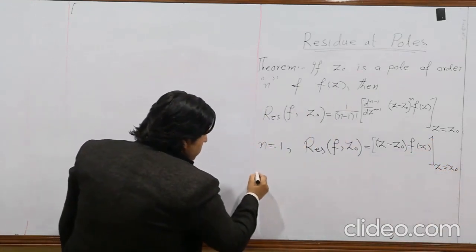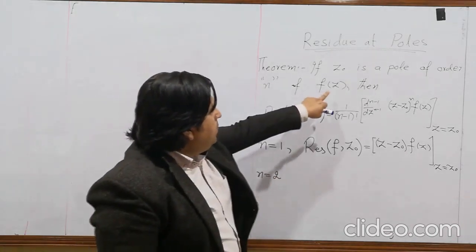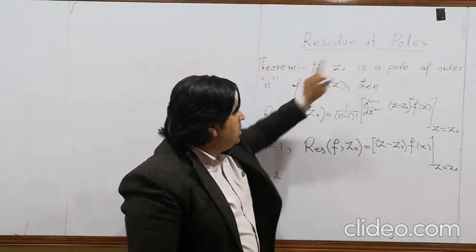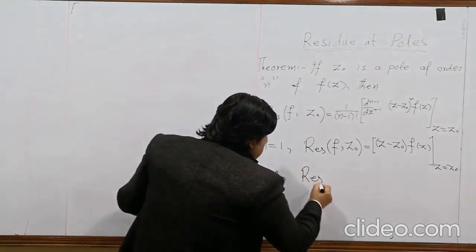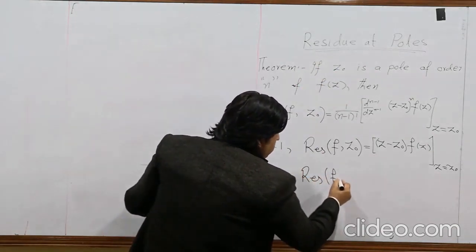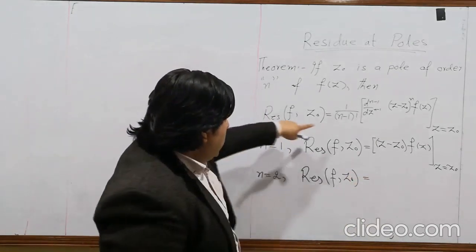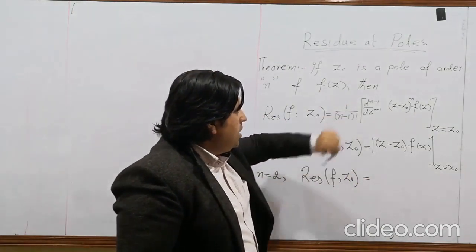And now let us see if n is equal to 2. N is equal to 2 means f of z has a pole of order 2 at the point z is equal to z naught. In that case the residue of the function f at z naught can be written as, again just put 2 here, 2 minus 1 is 1 factorial which is again 1.